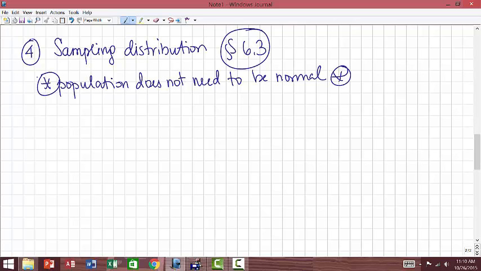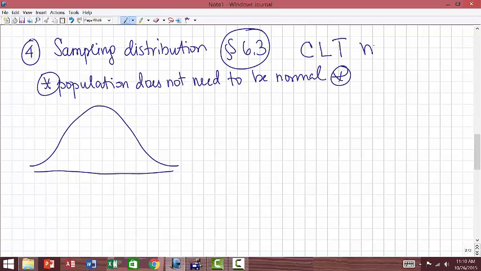Okay, so you're still going to have a normal curve because central limit theorem says if your sample is large enough, right? If your sample is large enough, then we can use normal distribution to model sample mean. Okay?